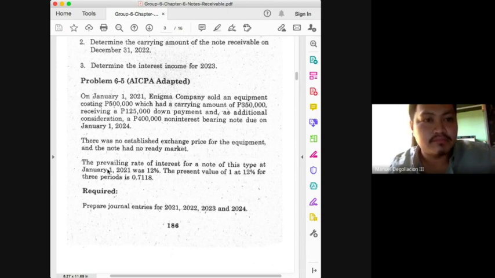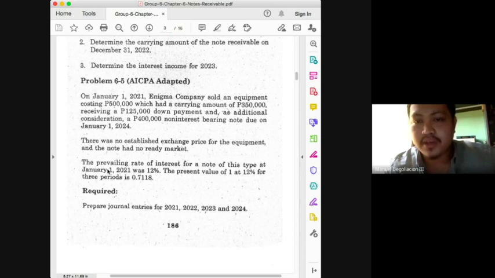And there's a difference, class, because if your primary business operation is in the selling of this equipment, then the transaction will be considered as a sales transaction. You will recognize sales revenue.